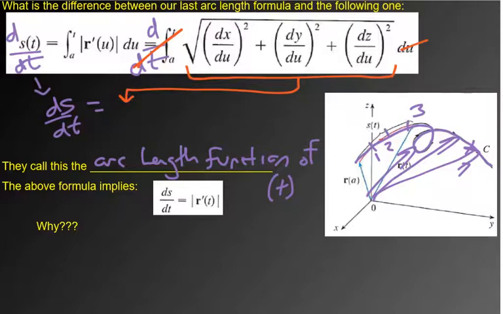That's what's going to be right here. And that is really just the magnitude of r prime. So this is going to be an important result that you'll see being used later on. But if I have this, it makes sense to show this right now. If you just take d dt of both sides, you can kill that integral, and you can see that ds dt is the magnitude of r prime.